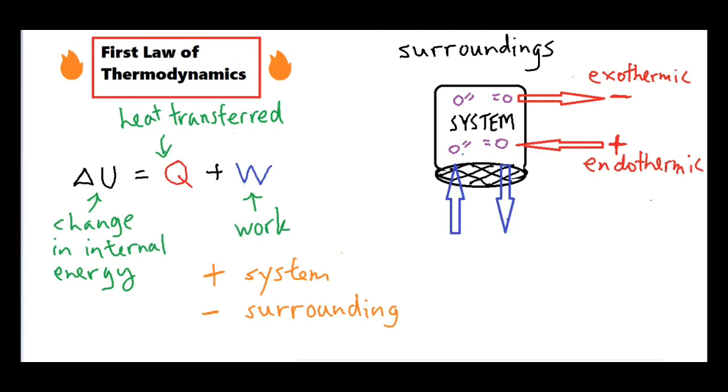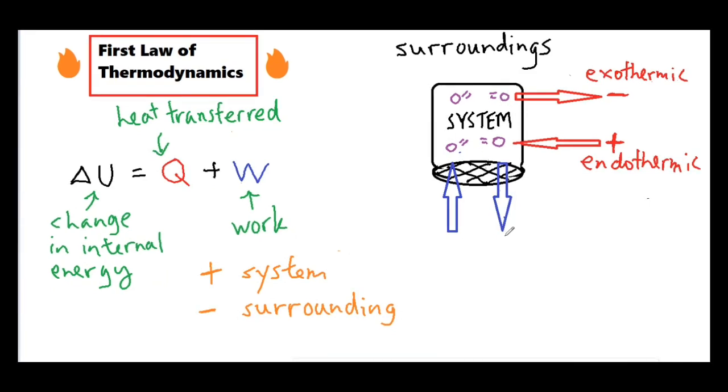Now, for the work values, work is just basically a transfer of energy. If the system is doing work on the surroundings, that is going to be considered negative because the system itself is losing energy and transferring it to the surroundings, possibly pushing something like a piston downward and applying a force over a distance.